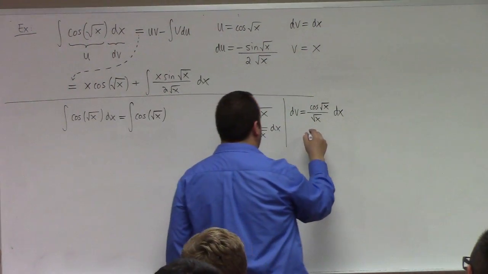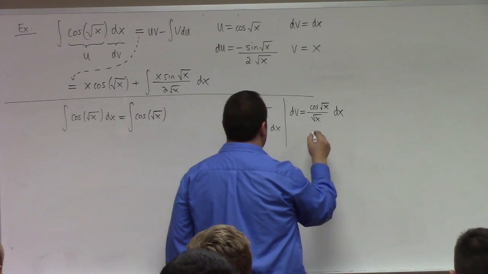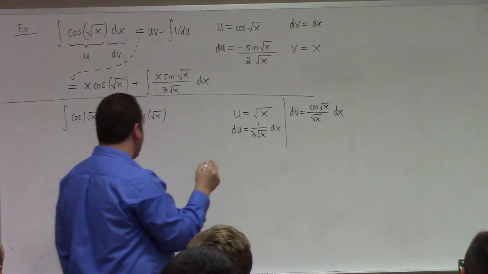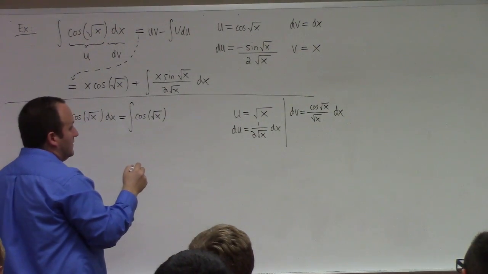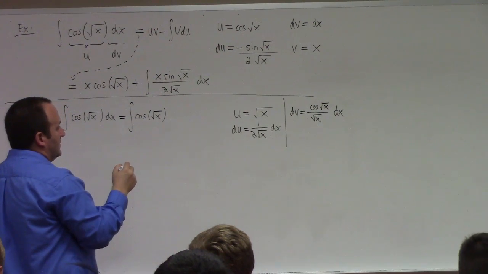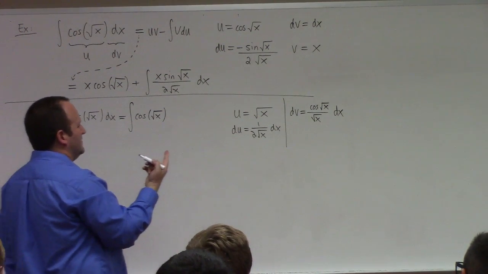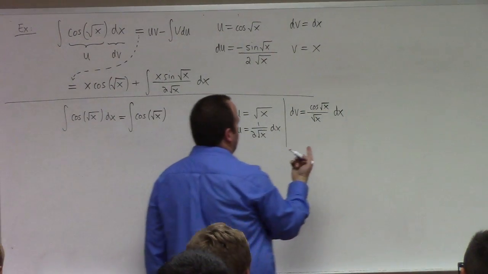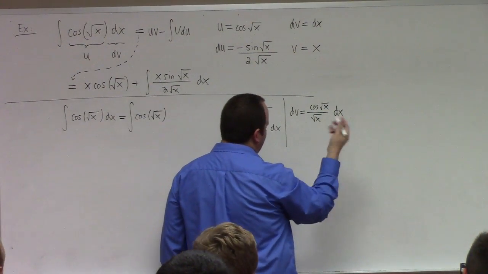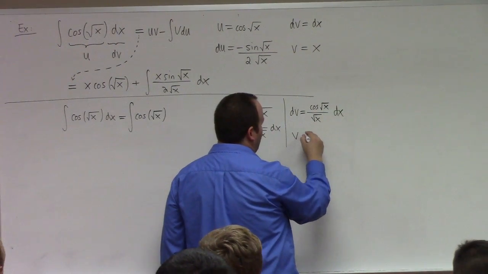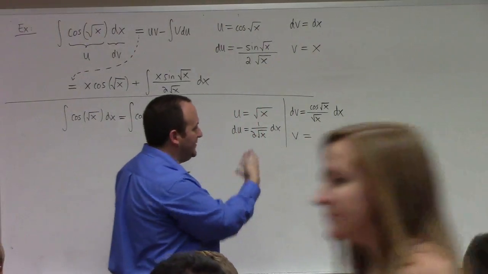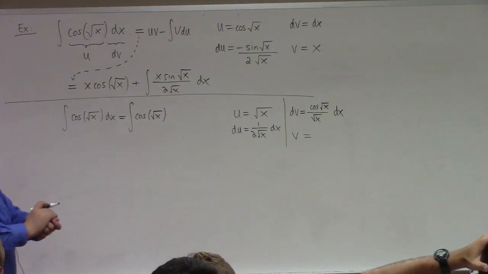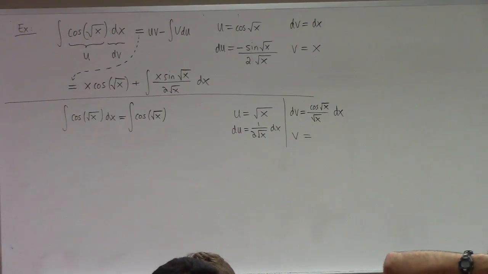So this says what? dx is equal to what? Well, that's the hint, so we deal with it. V, though, is what? I'm sorry, integrate that. What is v? How can you integrate that? That's why I'm having trouble.